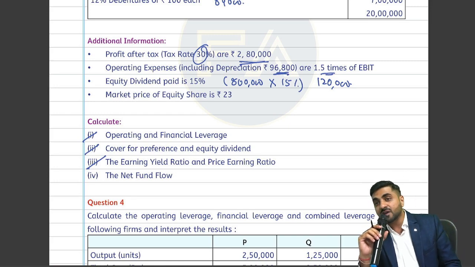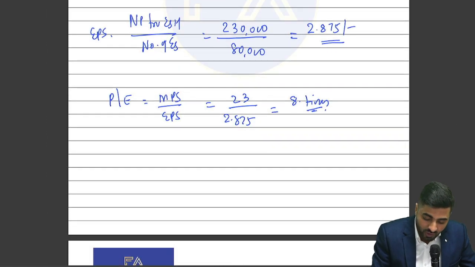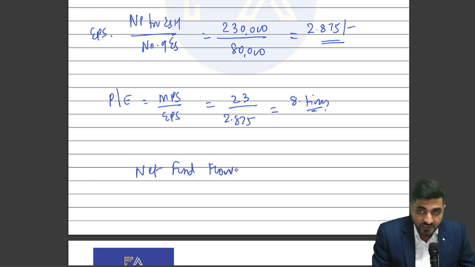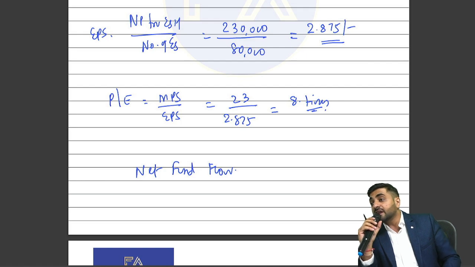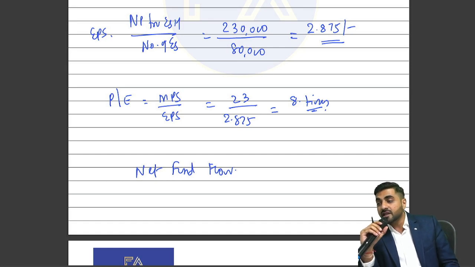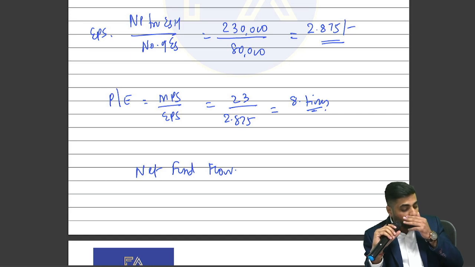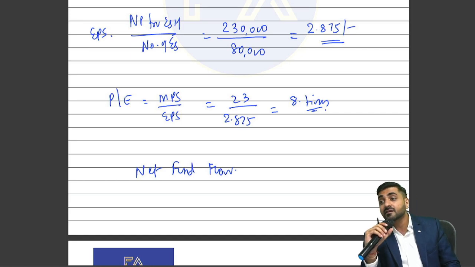Now one more thing is going to be your net fund flow. Can you please tell me what net fund flow means? Money coming in. So is the profit something which is going to come in, yes or no? Yes, sir. But while calculating profits, you always subtract depreciation.